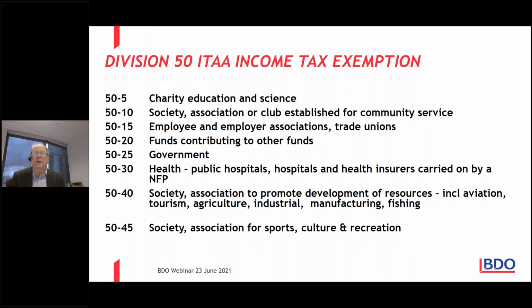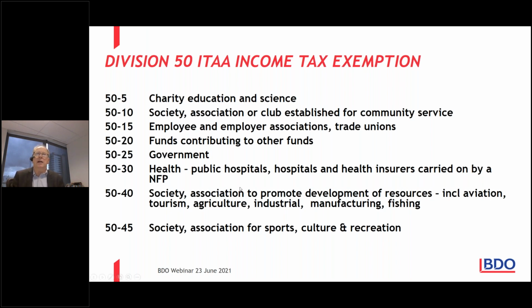And finally, your 50-45, you're a society or association for sports, culture and recreation. So your sporting clubs, where it's all about the sporting activities, not about other things, culture, your arts associations, and the recreation, the events, activities that are around people having recreation, etc., but that may not be as formal as a sporting organisation.